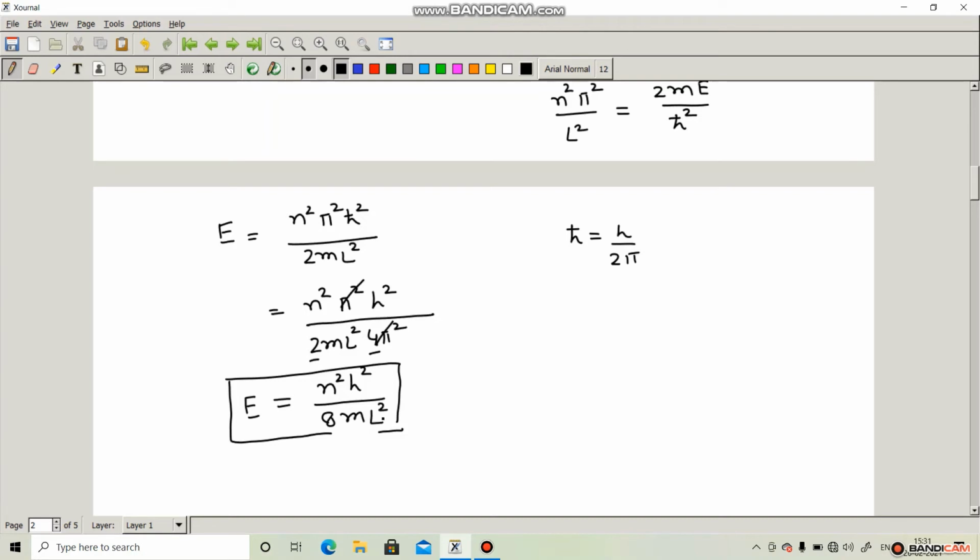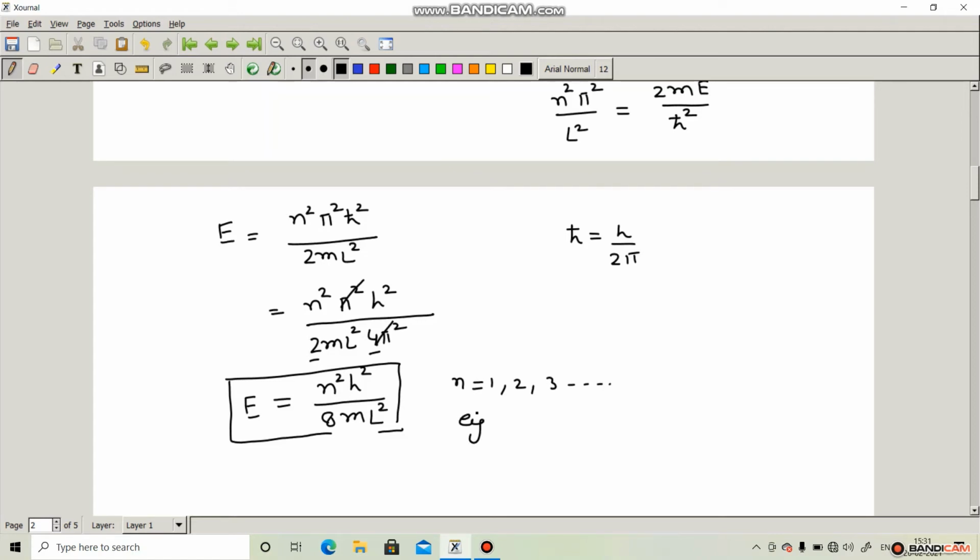Now from this energy we can say that the particle cannot have an arbitrary energy, but can have only certain discrete energies corresponding to n equal to 1, 2, 3 and so on.